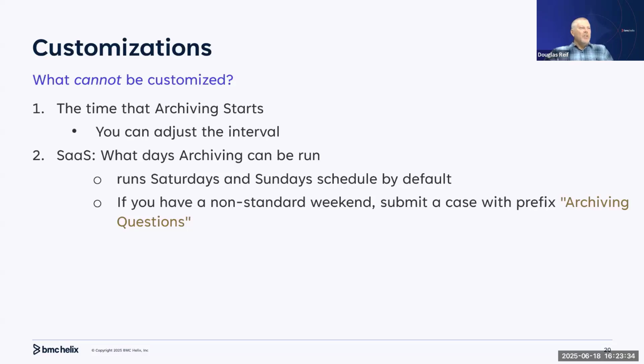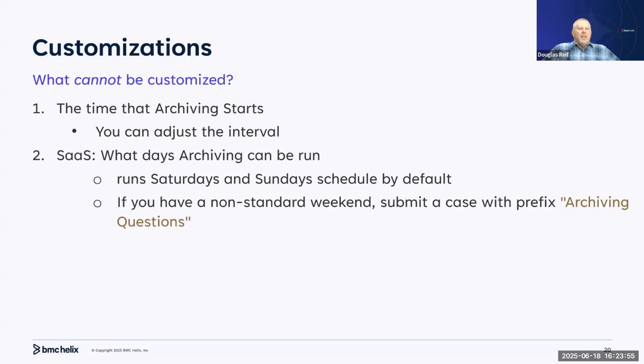In SaaS, one thing you can't do is change which days archiving runs, because I mentioned those escalations. But there are customers, especially we've noticed some in the Middle East, that don't have the same weekend days that we're used to. Their weekend may start on a Thursday. And for those customers, there is a way out.